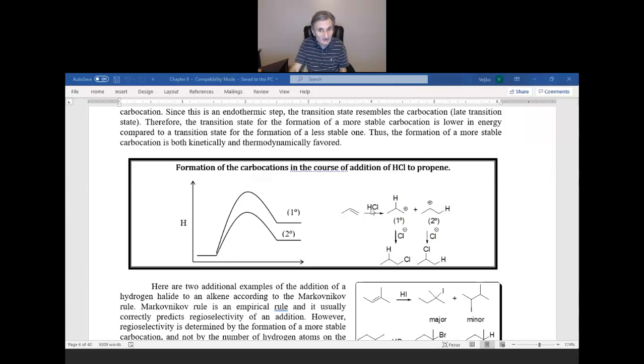If hydrogen were to add to the carbon that contains fewer hydrogens, that gives the less stable carbocation, primary. So that's why we observe this regioselectivity. Hydrogen adds to the less substituted carbon because that gives the more substituted, more stable carbocation. And then the reaction of the nucleophile with that more stable carbocation gives the major product.